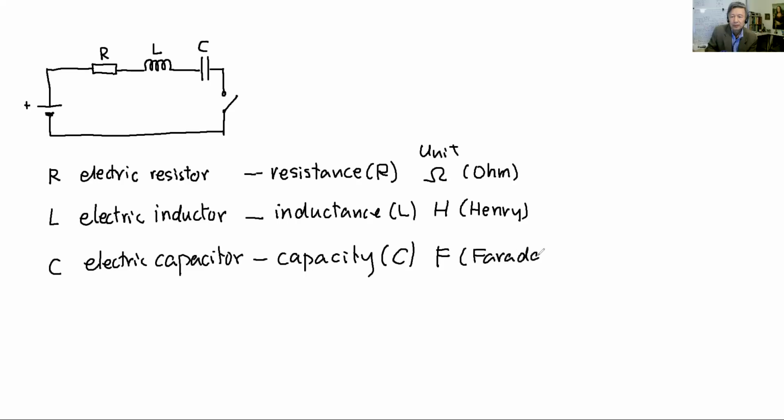Because capacitors are relatively small, sometimes we use the microfarad. 1 microfarad equals 10 to the power of, can you guess? Micro is -6 farad. And there is also nano.